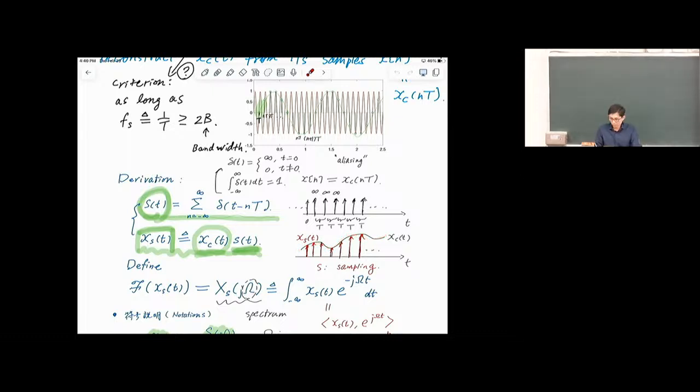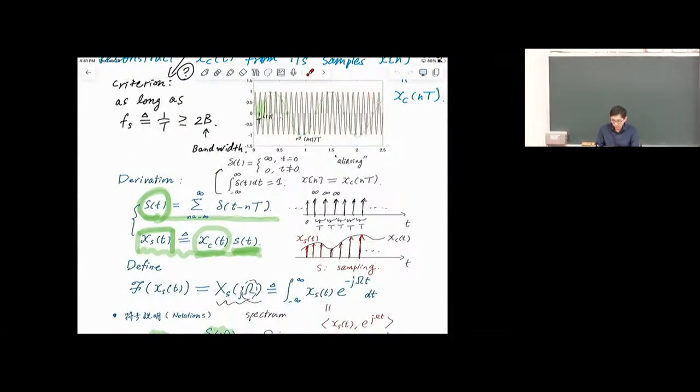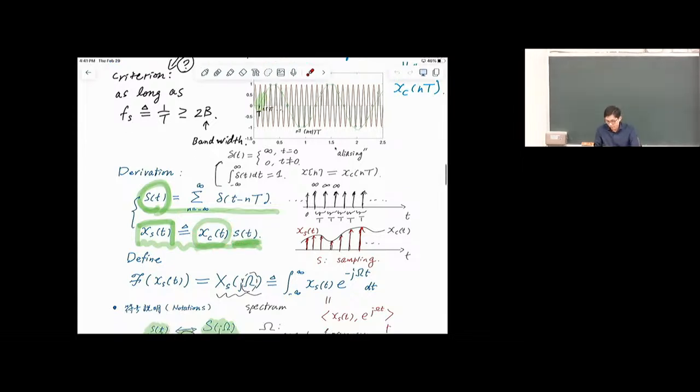So the action of sampling is equivalent to multiplying our signal with S of t. Can we agree on that? This is just another way of thinking about sampling. The first way is the definition; the second way, equivalently, is to think of sampling as multiplying our continuous time signal with S of t.